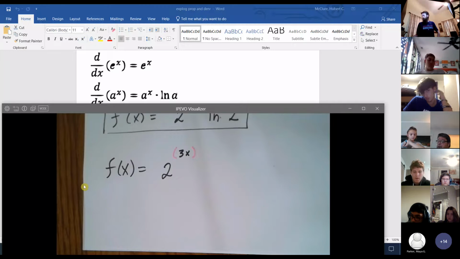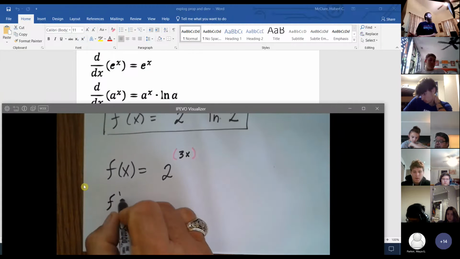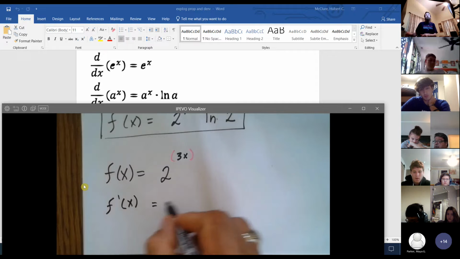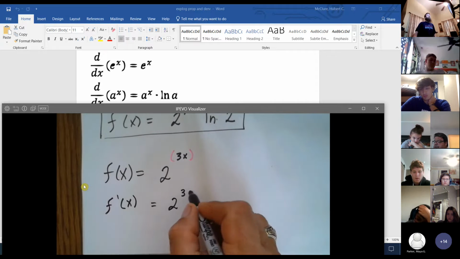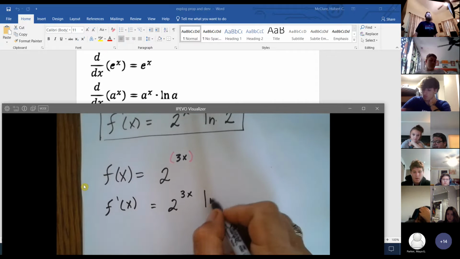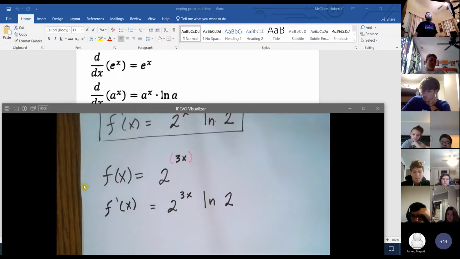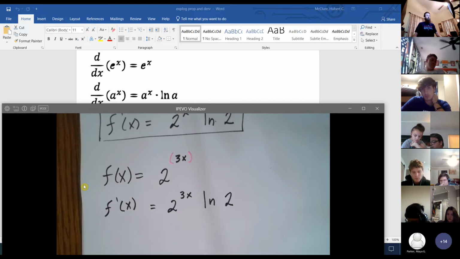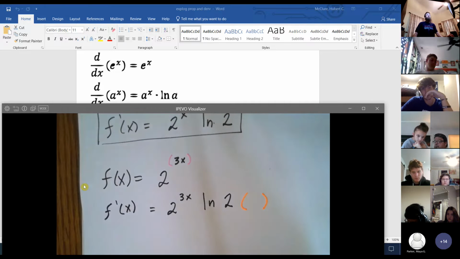So f prime of x is going to be equal to 2 to the 3x natural log of 2 times what? Three.